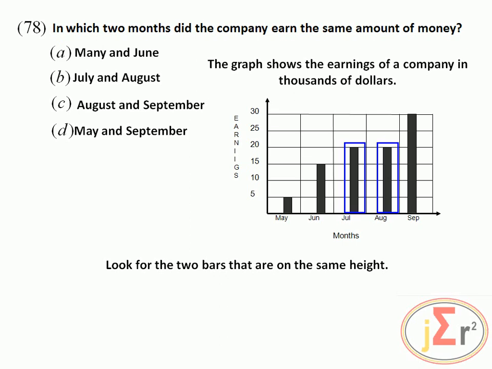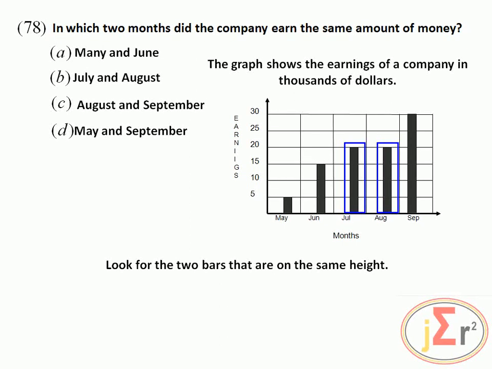We do not need to use the arrow in this case, Jerry, because we are not required to tell the amount of money that is earned. Okay, so we only need to tell if they are on the same height, which means we are determining that the same amount of money was earned in those 2 months. So look for the 2 bars that are on the same height.